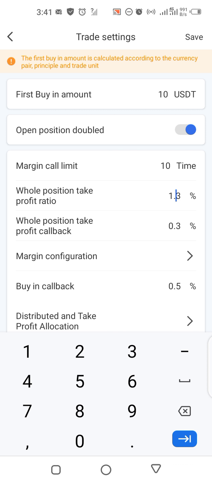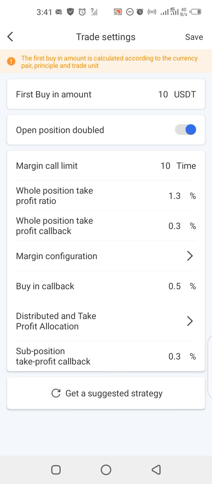But you are instructing the bot at the same time, when we set the whole position take profit callback, that if the market tries to go down by 0.3, sell my profit and deposit it into my Binance account. I want to repeat, remember that all the profits the bot deposits are not in your revenue. The profit remains in your Binance account in USDT.